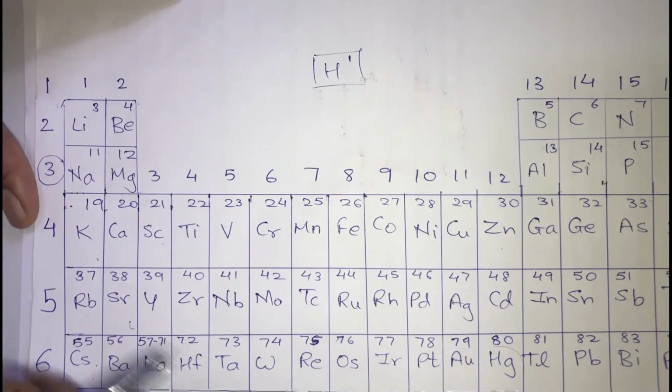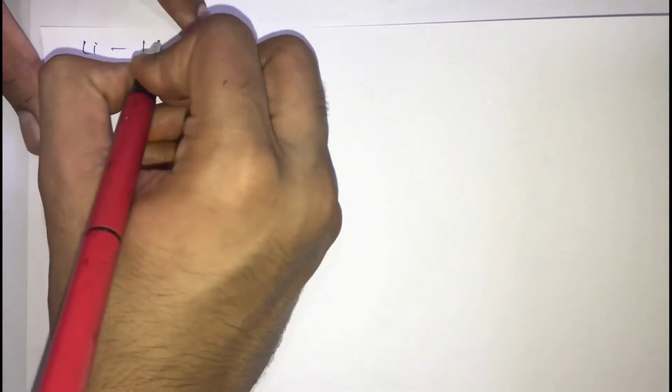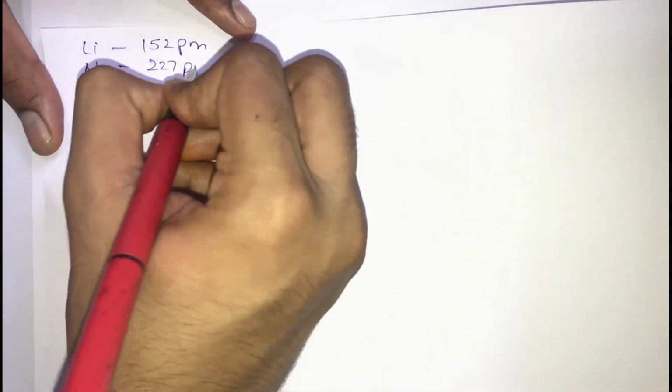Okay, so it was observed that the atomic radius of lithium turns out to be 152 picometer. The atomic radius of sodium is 227 picometer. The atomic radius of potassium is 280 picometer.